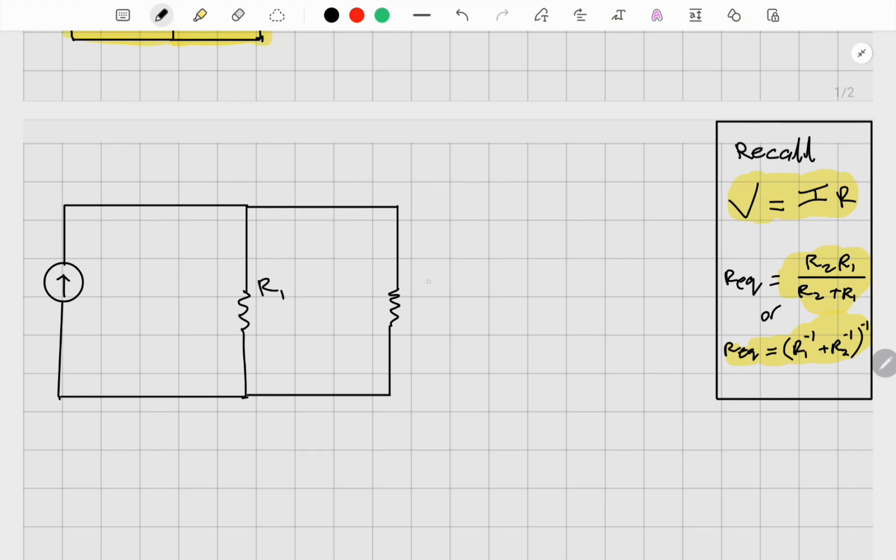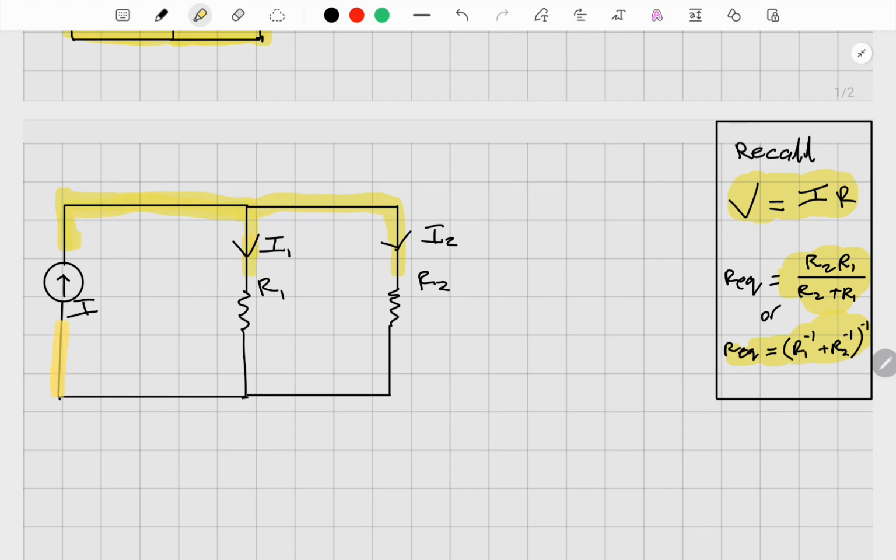I'll call this R1, R2, and I'll call this I1 because the current splits with the current source. And I'll call this I2. And I'll call this current source I. And I'll label my first node, which is over here, which is all of this.